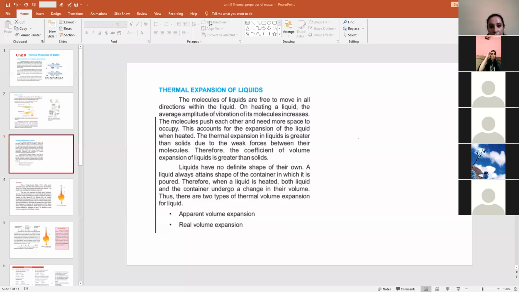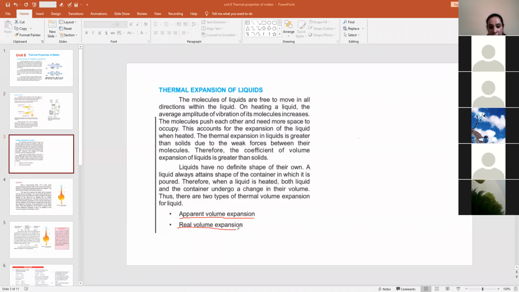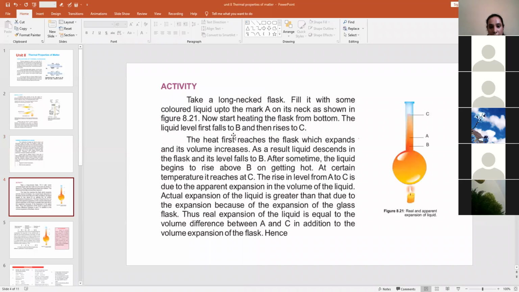One is apparent volume expansion, and the other is real volume expansion, right? Now we will discuss thermal expansion of liquids in detail with the help of an activity, right?